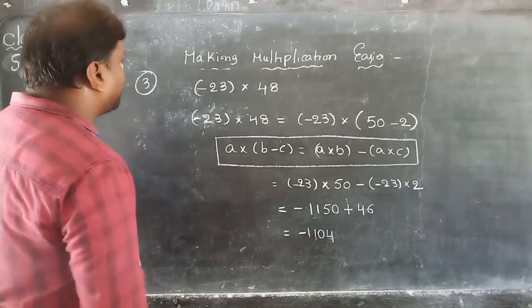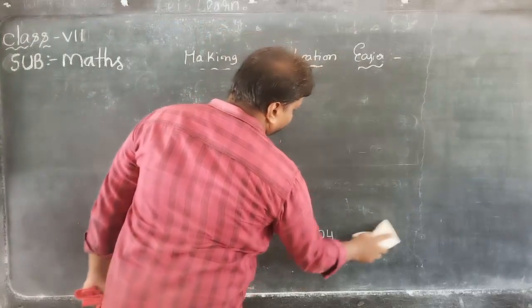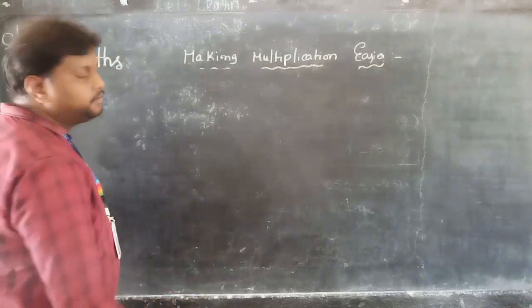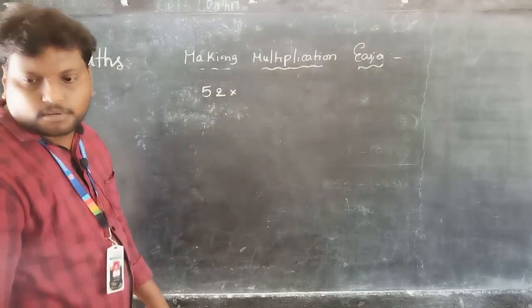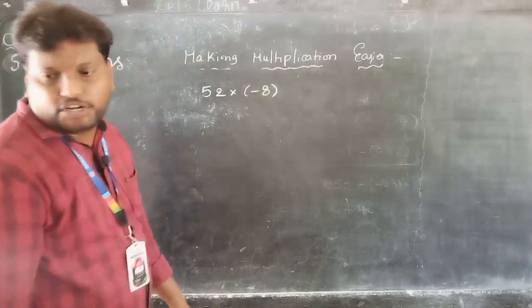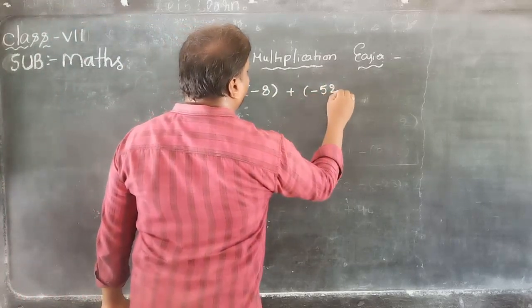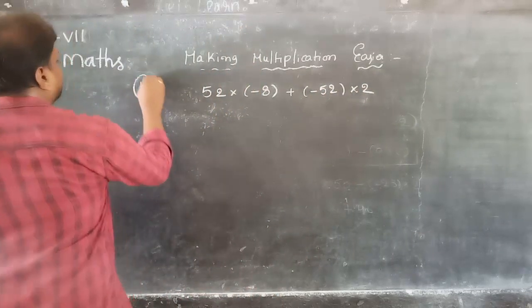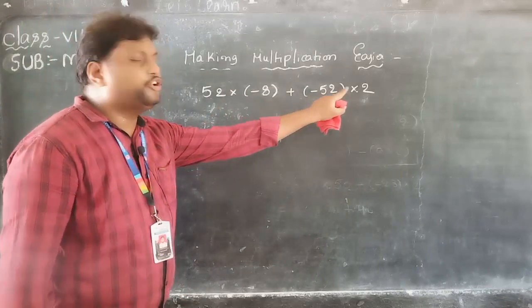Next, one more problem. Last problem I will explain. 52 into minus 8 plus minus 52 into 2. Last example, 52 into minus 8 and minus 52 into 2.